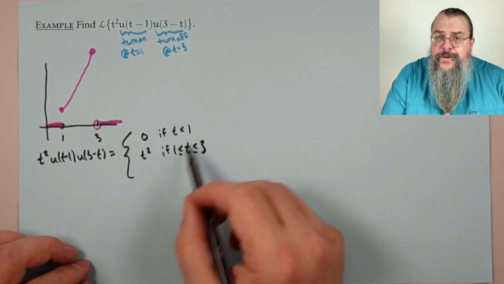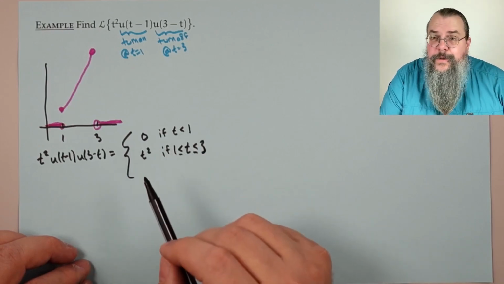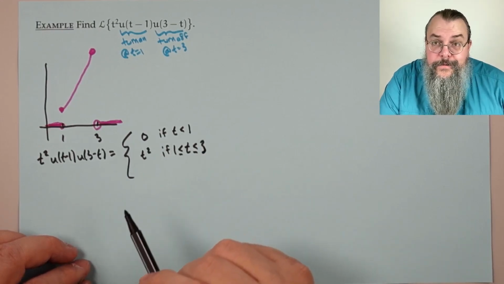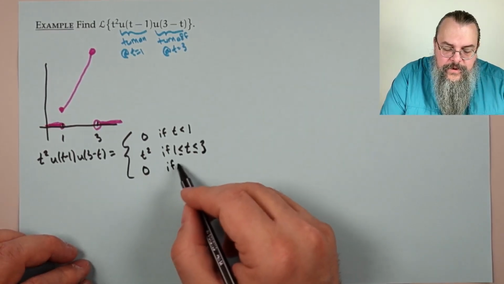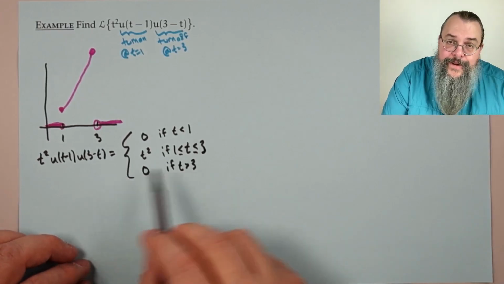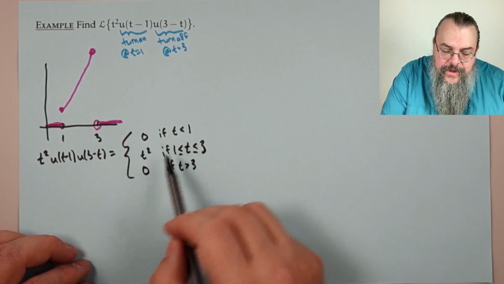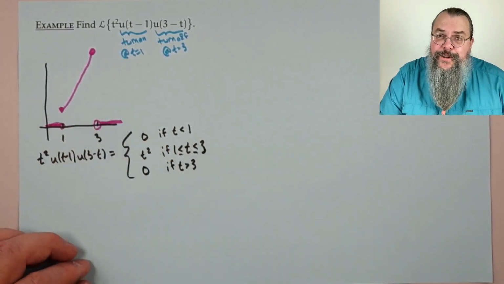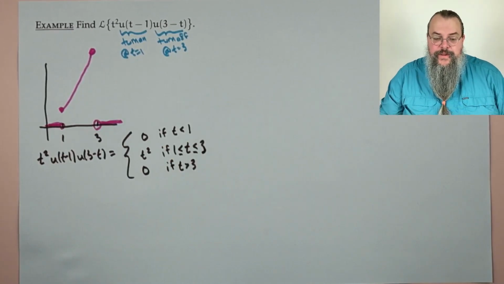And by the way, don't worry about which one includes the endpoint, whether 1 is 0 or 1. A single point won't matter for today. But again, that's not what you can plug in. You can't plug that into the Laplace transform. You can't plug a picture into a Laplace transform. You've got to keep going until you have something you can plug in.